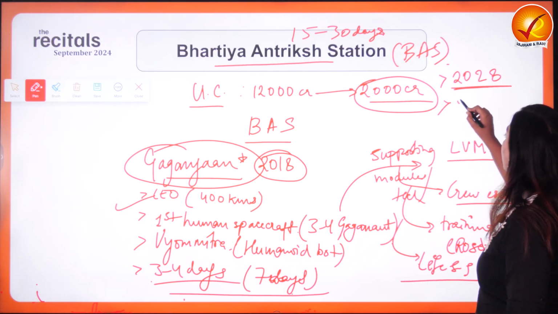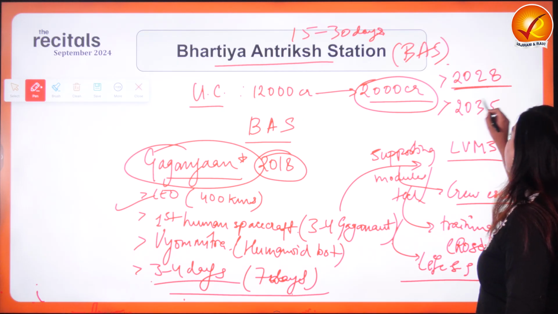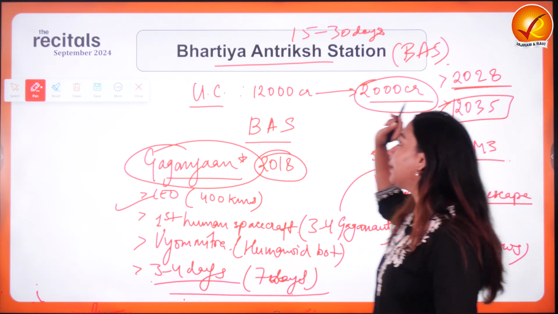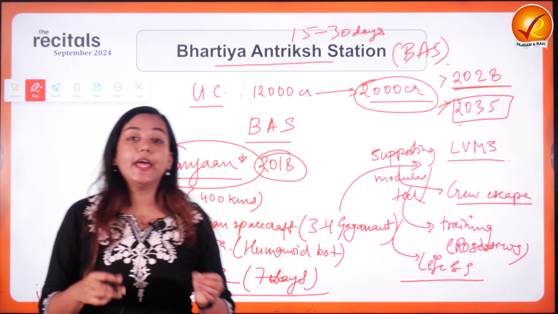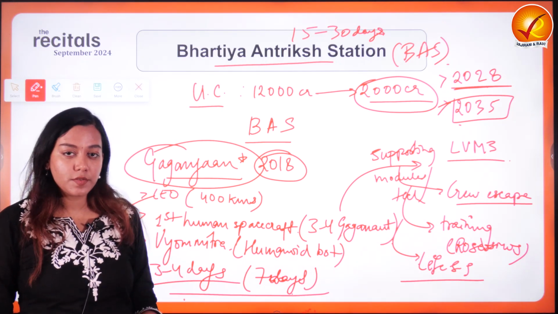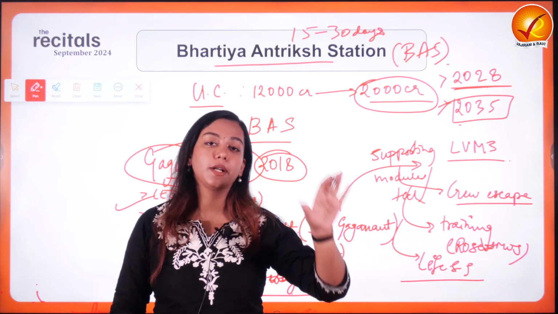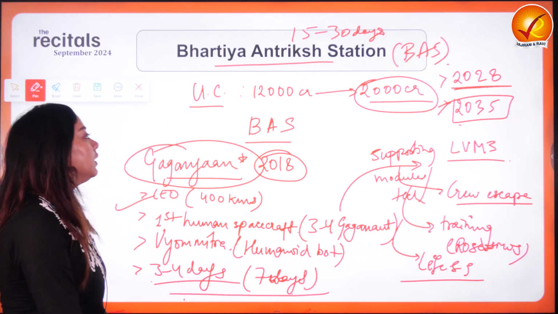And then in 2035, we will finally operationalize our Bhartiya Antariksh station. Again, where will we operationalize it? In which part of space? In the low Earth orbit, about 350 to 400 kilometers above the Earth's surface.